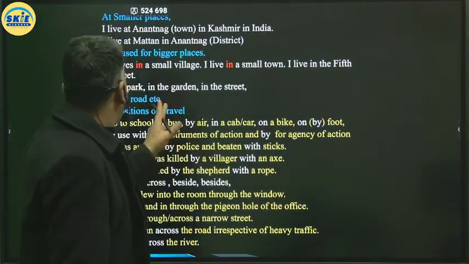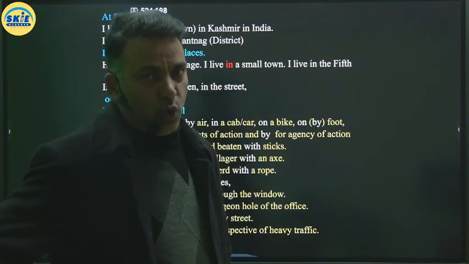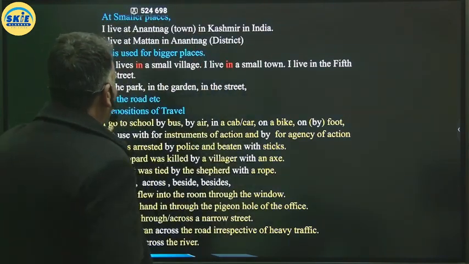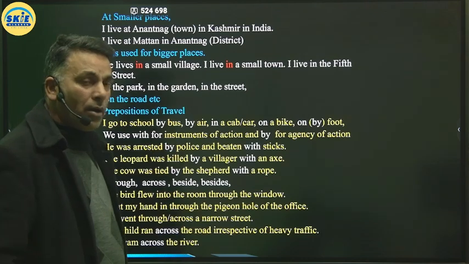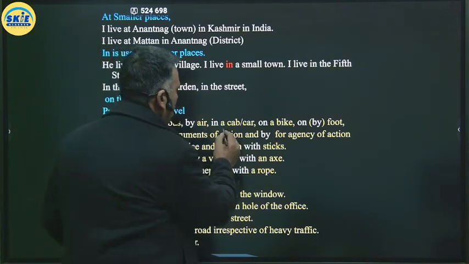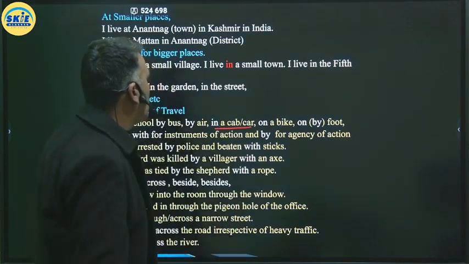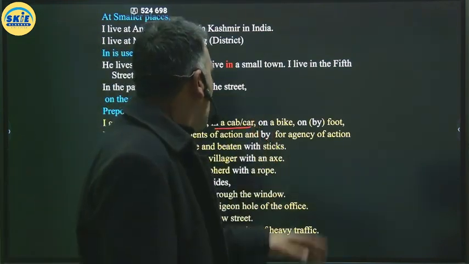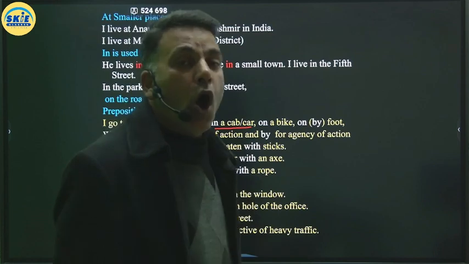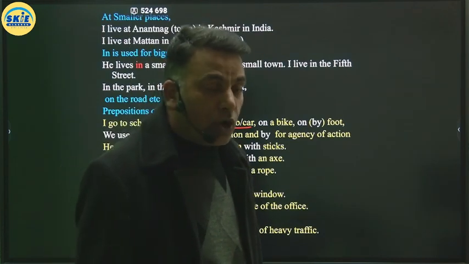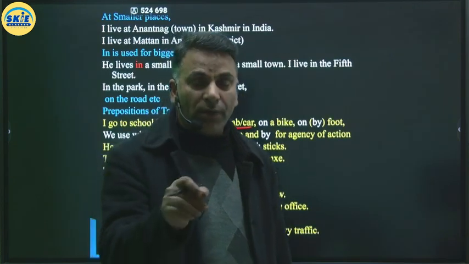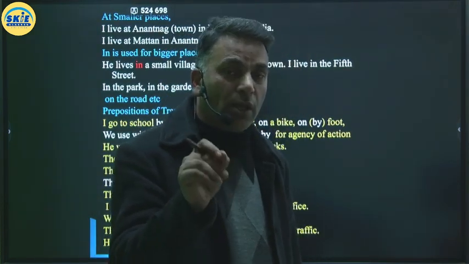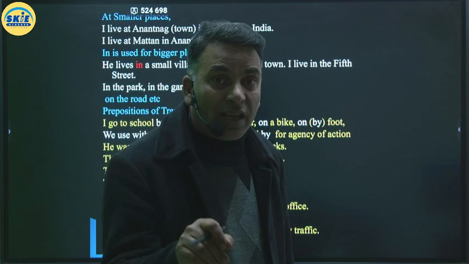Now we have prepositions of travel also. How do we travel? Now if you look at this, I go to school by bus, by air, but in a cab, in a car, on a bike, or on foot. I go to school on foot. But if you go into the Oxford Dictionary, you will also see some examples saying by foot.